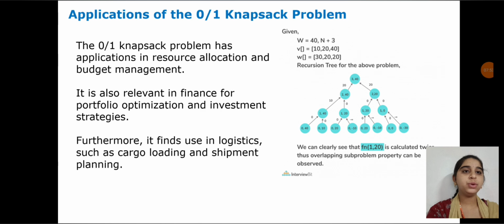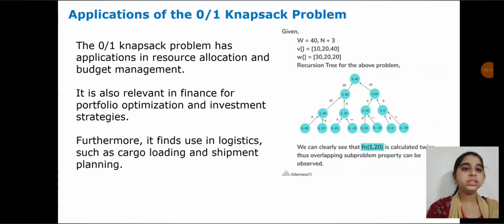Applications of the 0/1 knapsack problem. The 0/1 knapsack problem has applications in resource allocation and budget management. It is also relevant in finance for portfolio optimization and investment strategies.